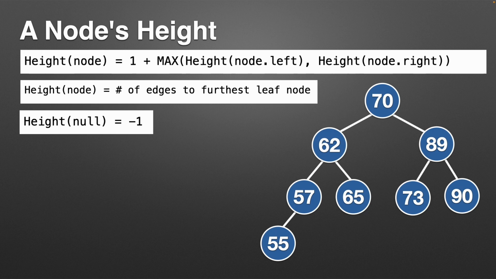When you're looking at smaller trees in a diagram, I think this is the easiest way to find the height, because you don't have to take the max and propagate it all up the tree. When you're coding, obviously, it makes a lot more sense to do that. So for 70, the height is 3.